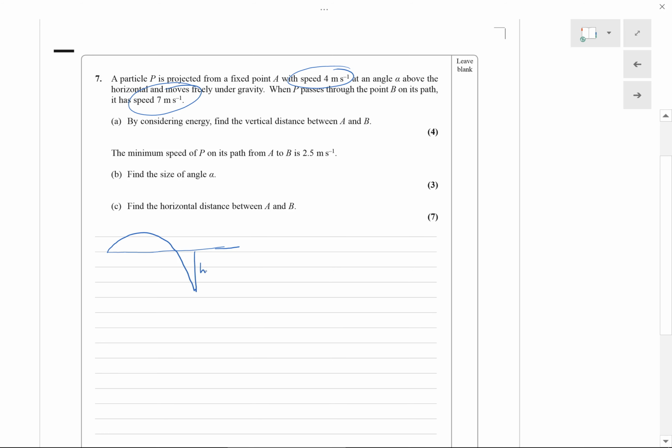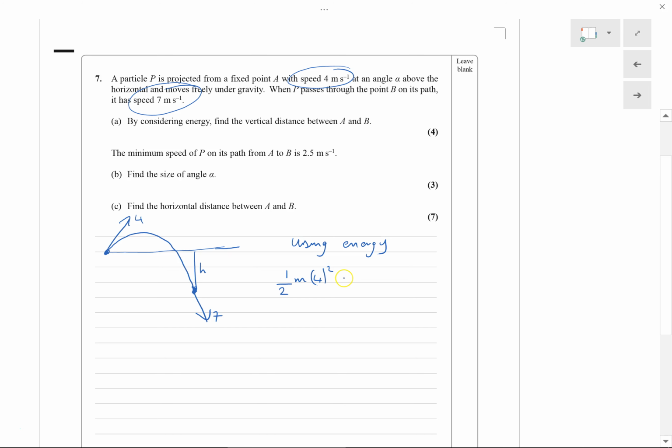So let's call that H. And so this is our 4, and then it's going to move to 7. So we're going to use energy. If we look at the kinetic energy at the start of this motion, we've got that as being equal to half m times 4 squared.